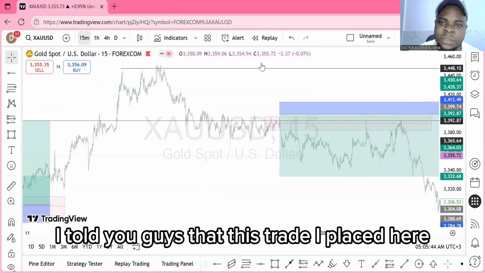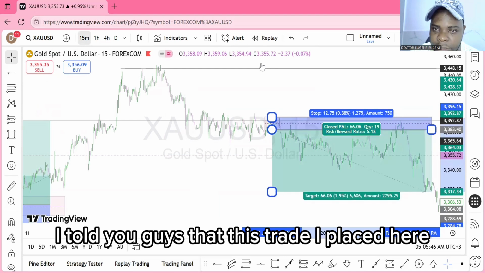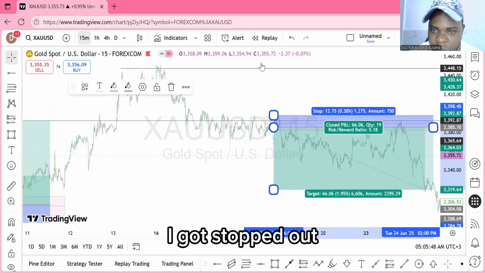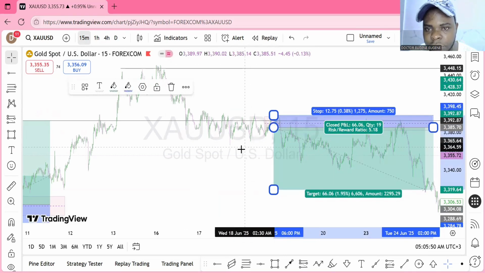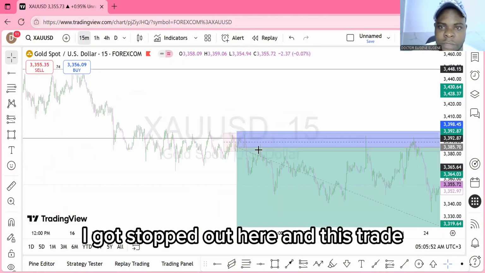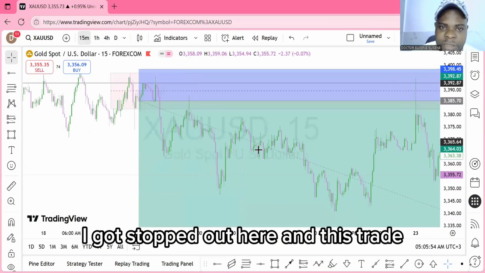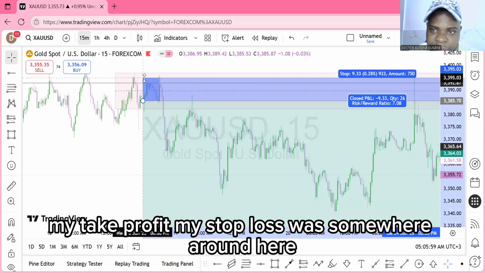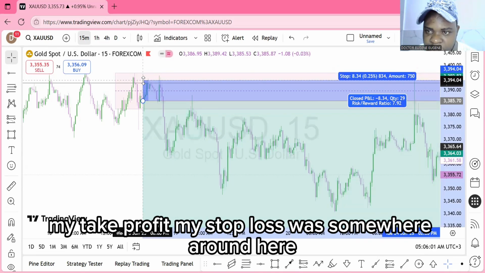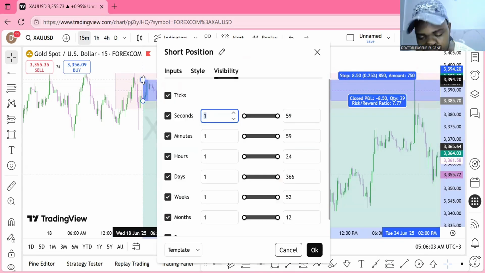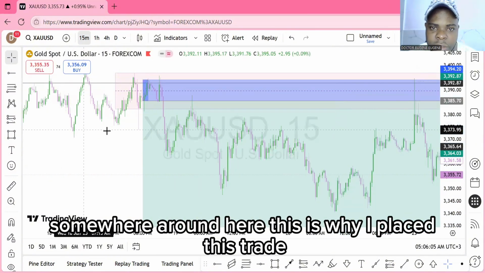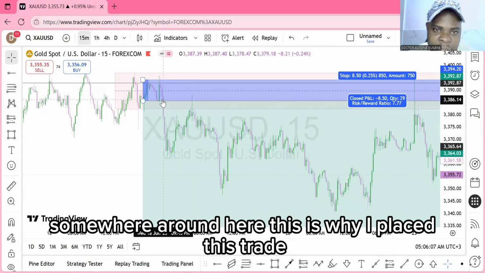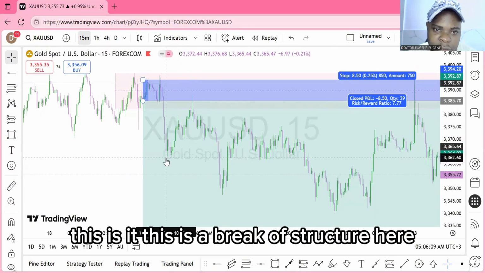I told you guys that this trade I placed here, I got stopped out. I took this trade in this particular time frame. My stop loss was somewhere around here. This is why I placed this trade. This is a break of structure here.